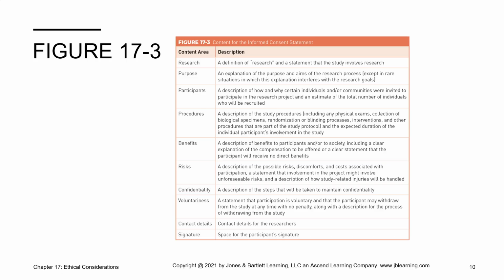These content areas include what the research is, the purpose, participants that are included, the procedures, the benefits, the risks, confidentiality concerns and how to avoid them, that the study is voluntary and that they may quit at any time without any penalty, contact details for at least one researcher on the study, and a place where they can sign.